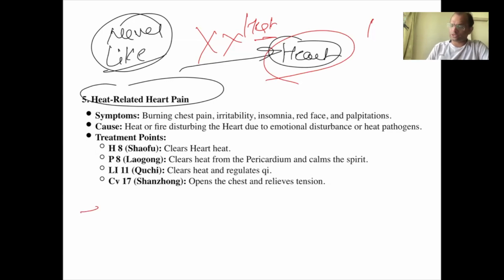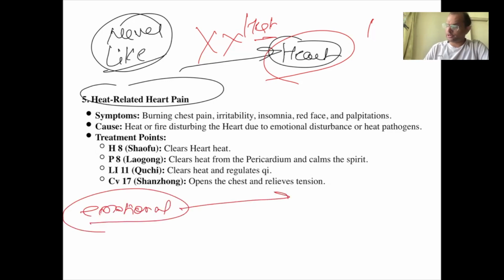If the person is having some emotional issue, then the heart heat might increase. If the person is having some heat attack, पैथोजन, किसी बीमारी, बैक्टीरिया का आक्रमण हो गया, पैथोजेनिक अटैक हो गया, तो हीट बढ़ सकती है. हीट बढ़ने के कई कारण हो सकते हैं. रात को नींद नहीं आई, कुछ बीमारी हो गई, फीवर आ गया, इमोशनल प्रॉब्लम हो गई, बहुत सारे कारण हो सकते हैं हीट बढ़ने के.